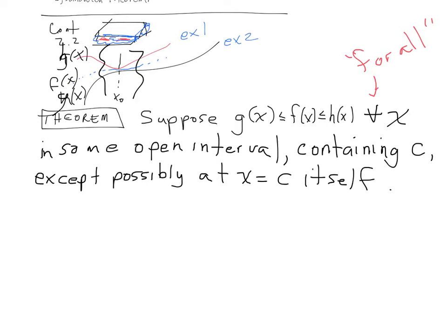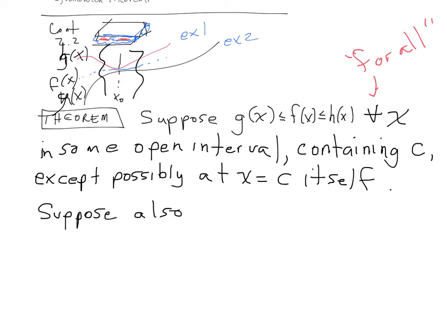Again, the very important part with the limits is that the value that we're interested in may not even be in the domain because of that whole deal dividing by 0, but it's near it, it's around it, in this interval.